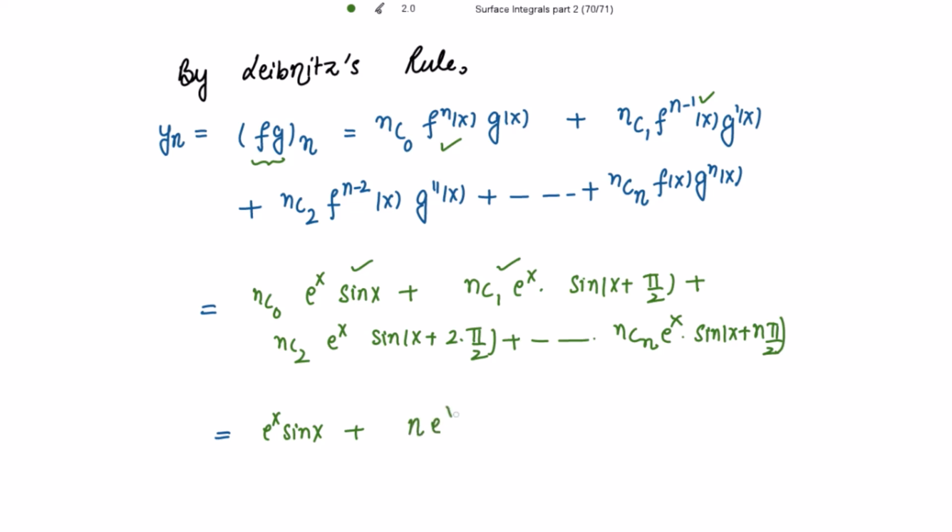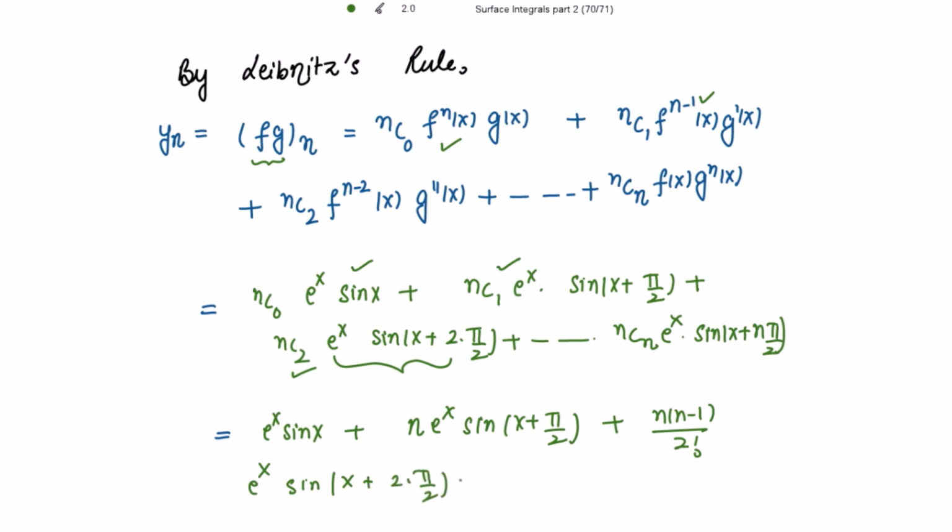So the first term becomes e to the power x sine of x, plus n times e to the power x sine of x plus pi by 2, plus nC2, which is n into (n minus 1) divided by 2 factorial, times e to the power x sine of x plus twice of pi by 2, and so on. What is nCn?